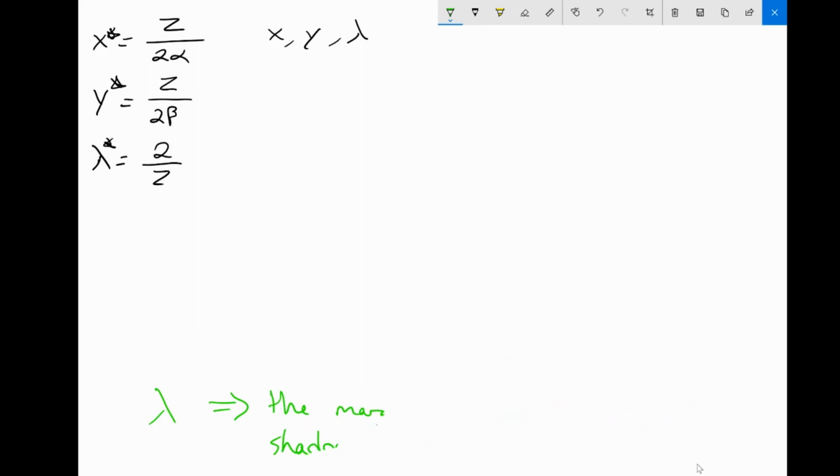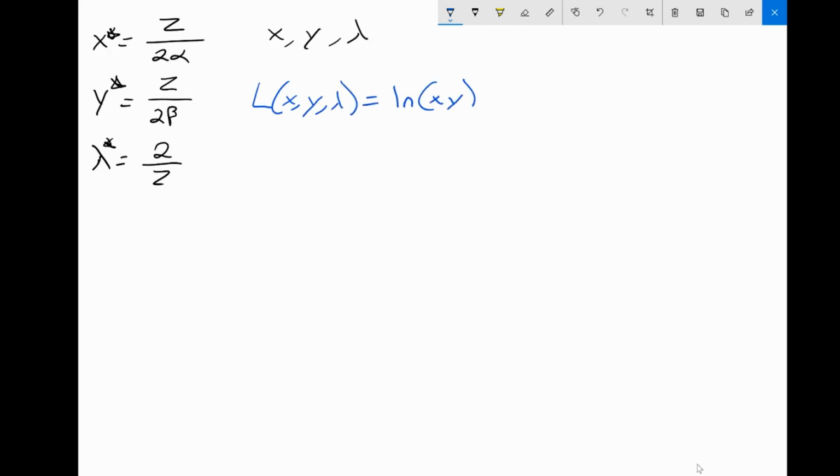All right. Now, let's take a look at what we call the indirect objective function. I'm going to come back up here, and we're going to write this again. So our Lagrangian function, L(x, y, lambda) equals ln(xy) plus lambda(z minus alpha x minus beta y). Okay. Now, this was our function, and we went through the complicated process of finding the optimal values, the values that maximize this function.